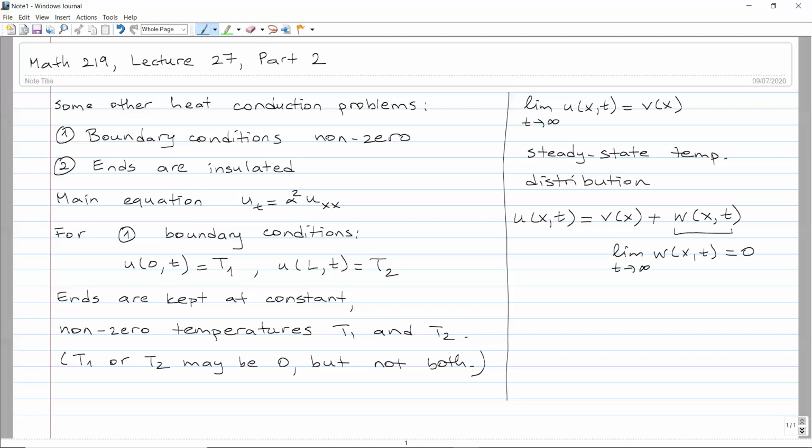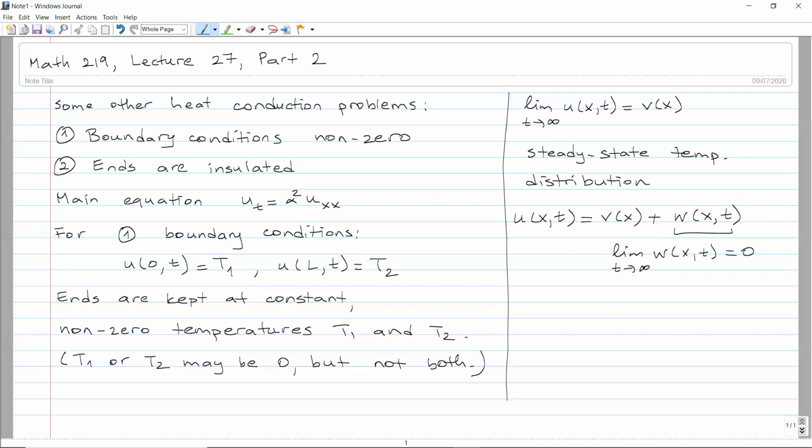Of course, the temperature in this steady state is going to change from point to point because, first of all, at the ends, the temperatures T1 and T2 don't have to be the same. But as x changes, that change itself is not going to change.